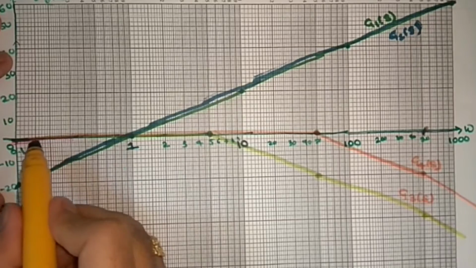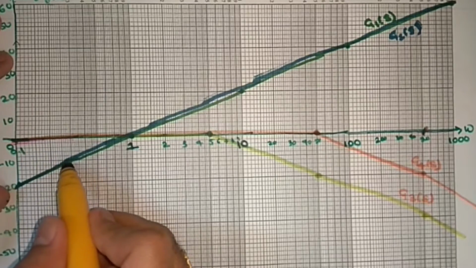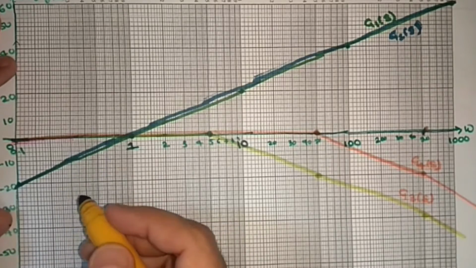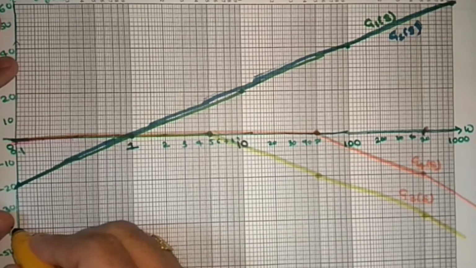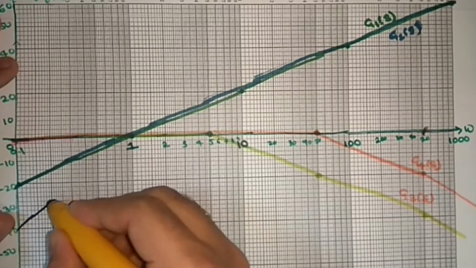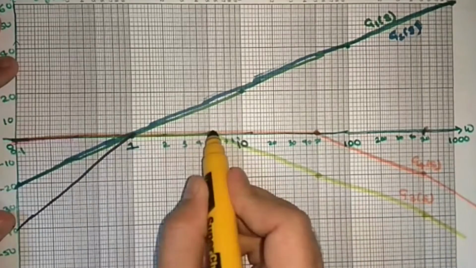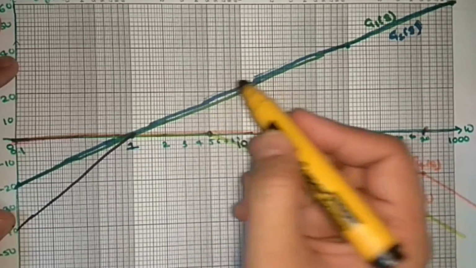So here we have 0, 0. Here 20 dB per decade plus 20 dB per decade, so a total of 40 dB per decade will come, right? So if you add, it will become 40 dB per decade. And up to here, this has no effect, so it will go up to here.